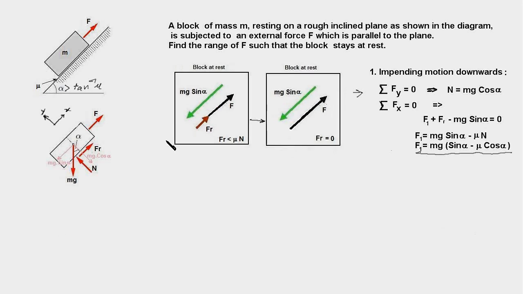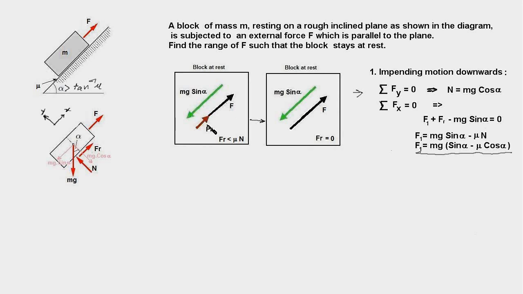So here you see that the static friction has got reduced in magnitude so as to accommodate the larger magnitude of the external force, and in combination it is still equal to mg sin alpha, and therefore the net force on the block is 0 and the block is still at rest. So mind you, this force is greater than F1, but still the block is at rest. The frictional force has now reduced from its maximum level.